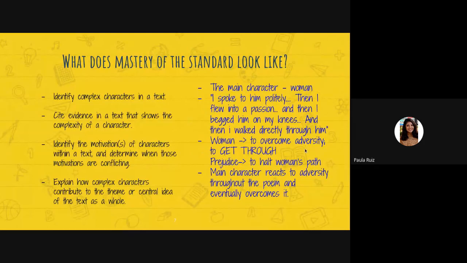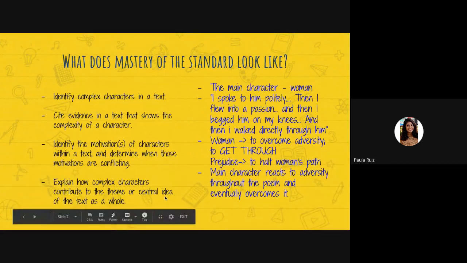And that's pretty much it. If you can point out these four things in a text regarding complex characters, you should be able to master this standard about analyzing complex characters.